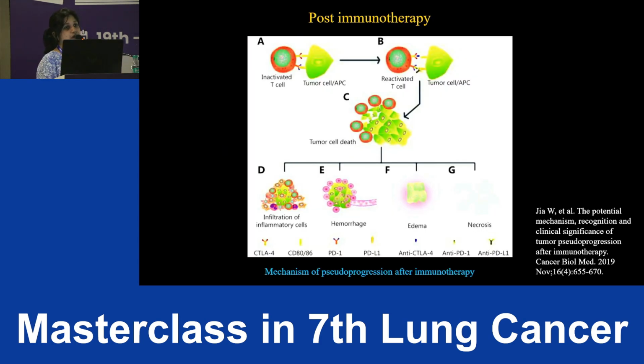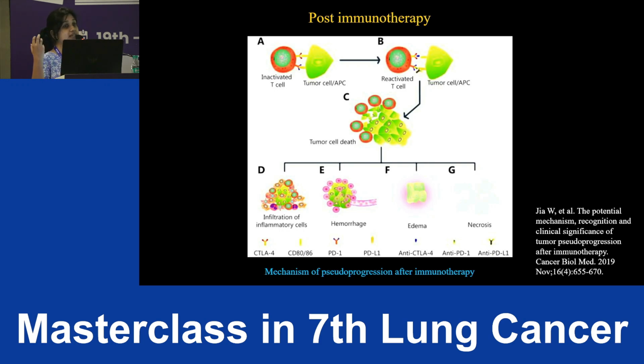Now coming to immunotherapy. So after immunotherapy, what you can see is the much talked about pseudo-progression. Now what exactly is the pseudo-progression? So the tumor cells inactivate the T cells. And after addition of immune checkpoint inhibitors, the inactivated T cells get reactivated, and then in order to cause tumor cell death, they recruit more and more inflammatory cells, which leads to increase in hemorrhage, increase in edema, and increase in necrosis.